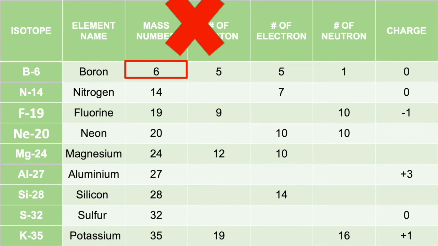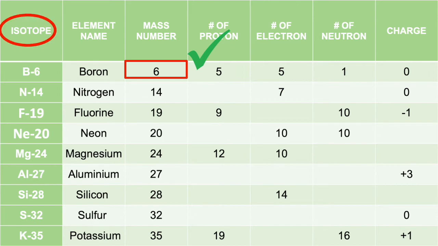So, to get the mass number of the element, you're going to add protons and neutrons. So the correct answer is still 6.